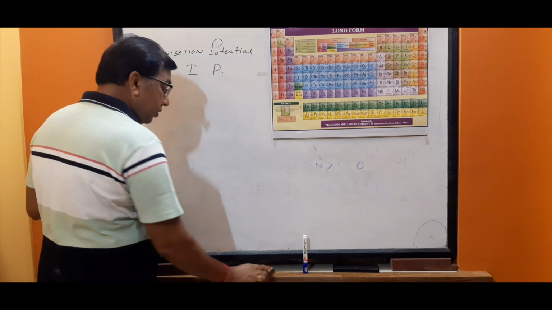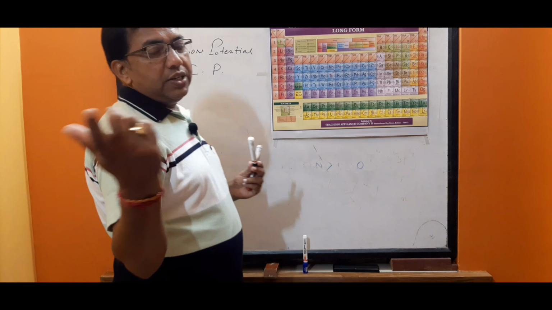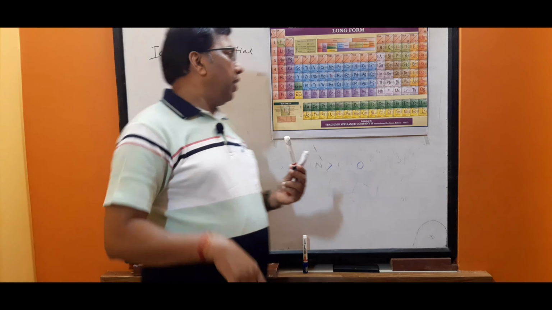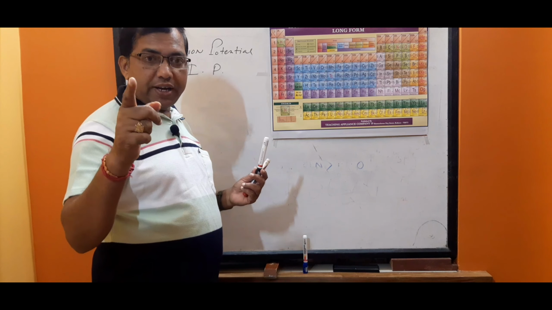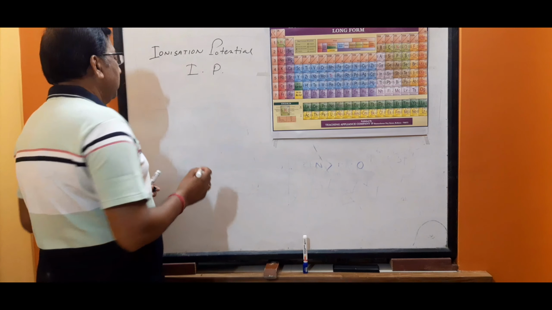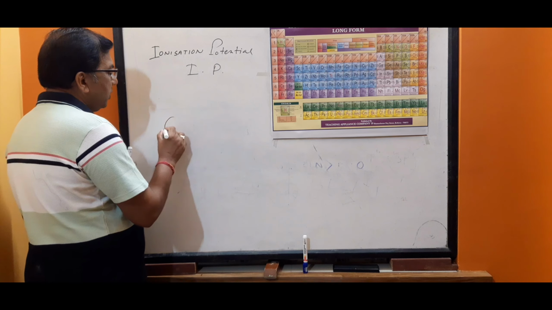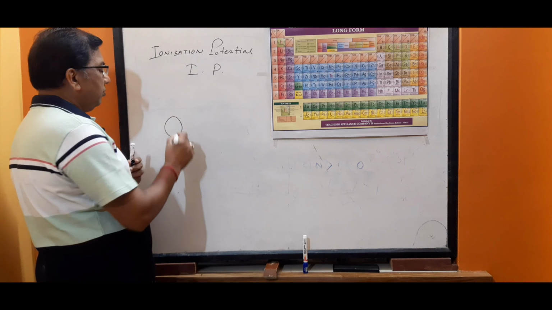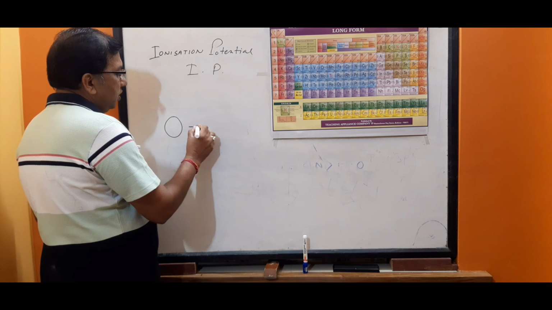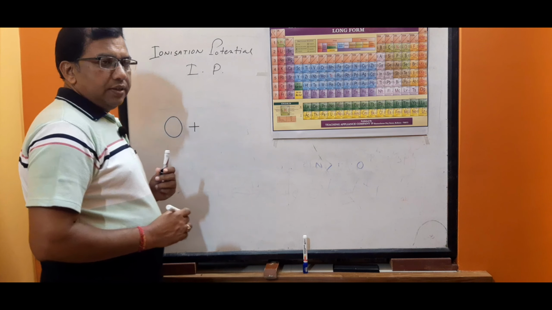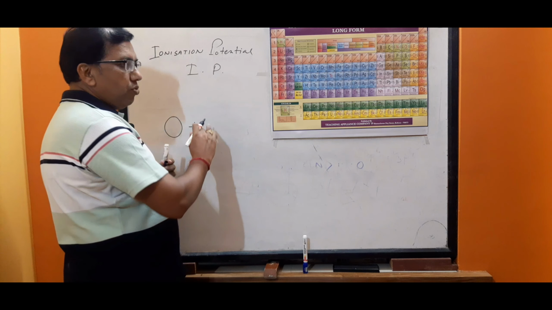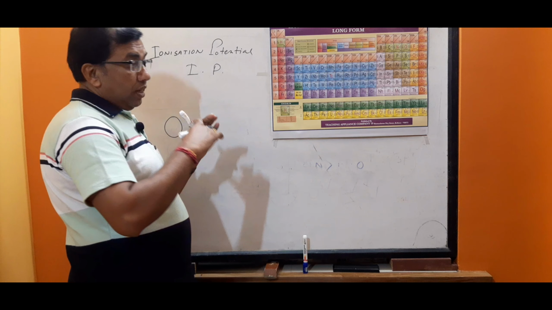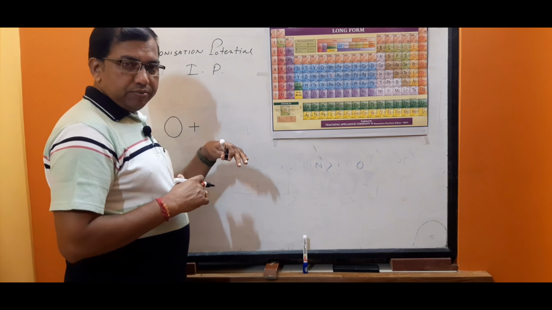In case of affinity it is negative, but in case of IP it is always positive, remember that. Suppose the example is oxygen. One electron has to be removed, so energy is required to remove an electron.